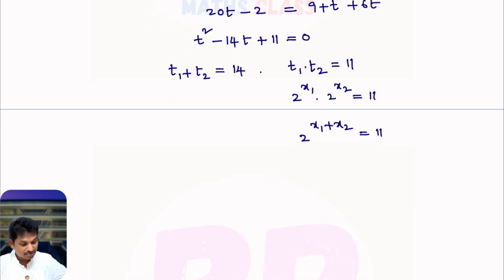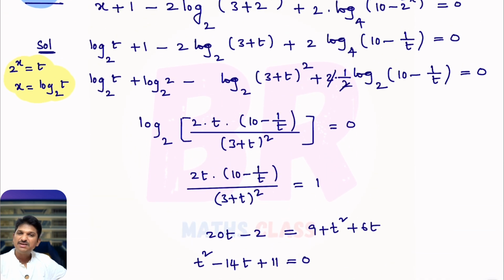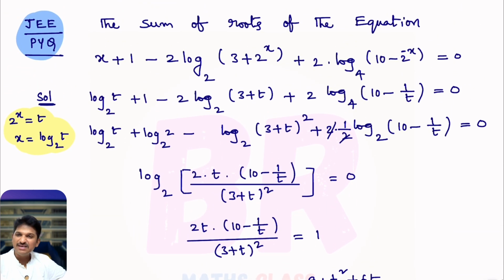From this, what is x1 plus x2? x1 plus x2 equal to logarithm of 11 base 2. In the question, what are they asking? They are asking the sum of roots. We got x1 plus x2. Sum of roots is log 11 base 2. This is a bit tricky, not so easy to get the answer, right?